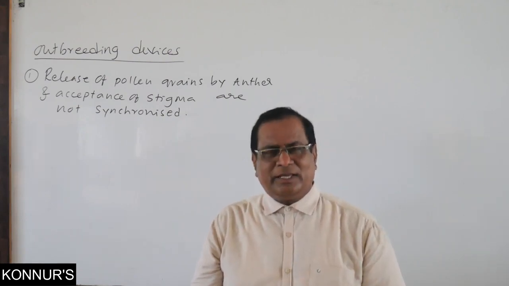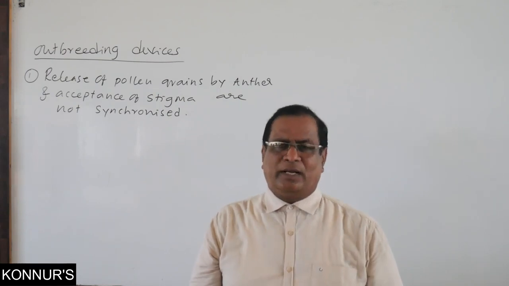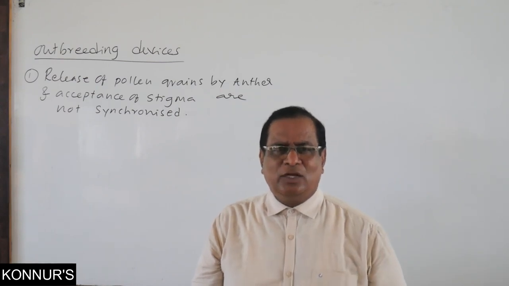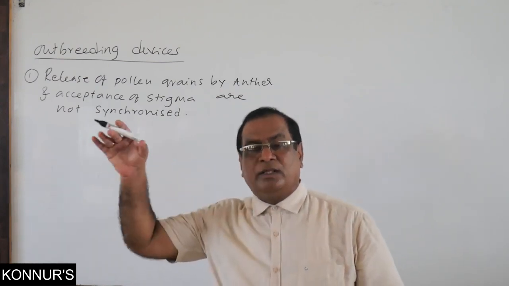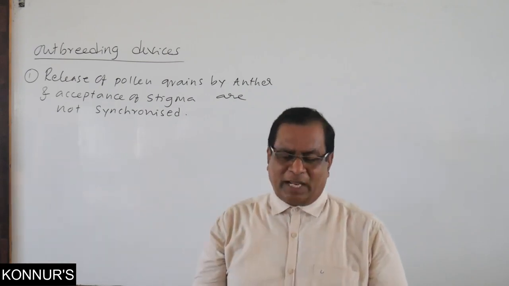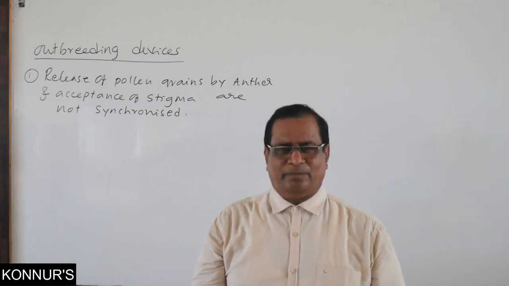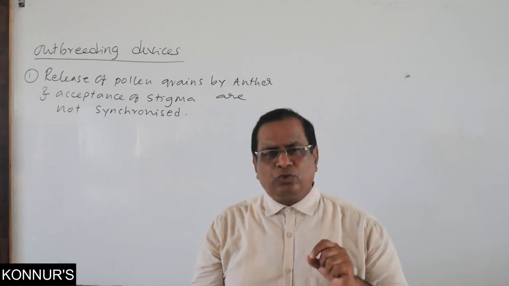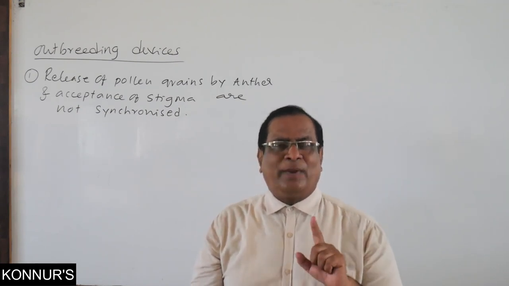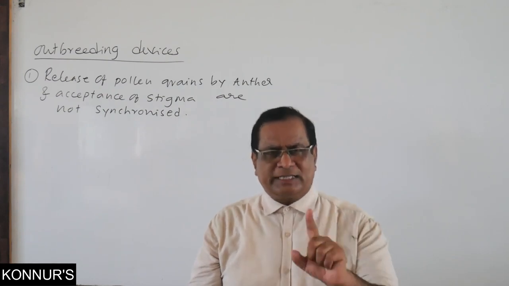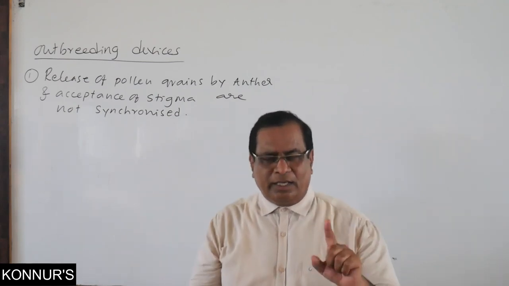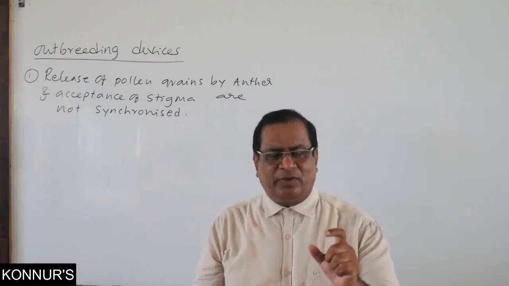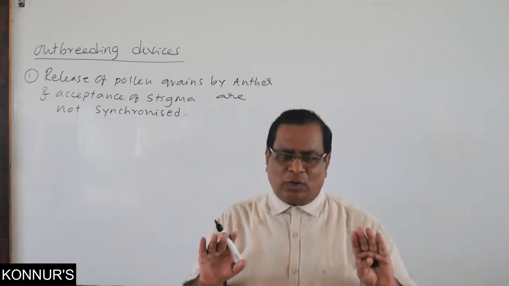Sometimes the stigma is ready but the anther is not releasing pollen grains. During this time, pollen grains from another flower carried by insects achieve cross-pollination. This is the first device, which helps outbreeding, cross-pollination, and prevents inbreeding or self-pollination. That is, release of pollen grains by the anther and acceptance of stigma are not synchronized.